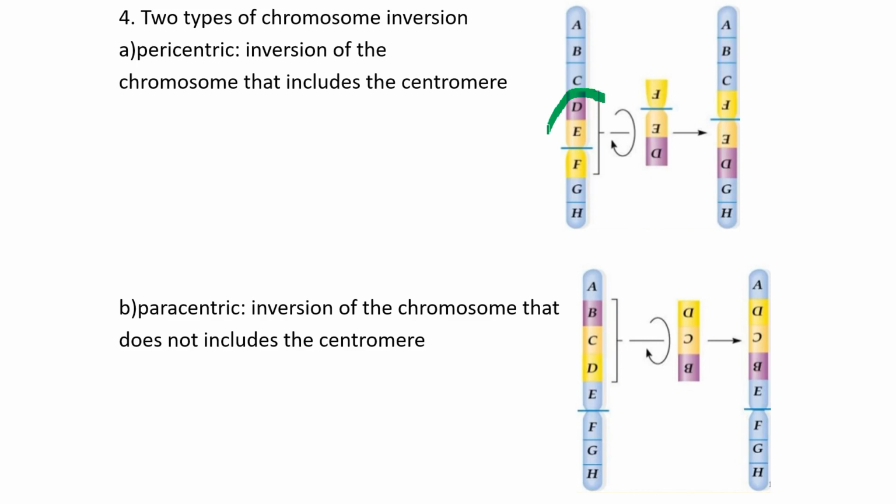So I mean to say, the segment of the chromosome is removed and then reversed, and the segment includes the centromere, as you can see from here, and then it is put back. In paracentric inversion of the chromosome, it does not include the centromere. You can see the centromere is here. It doesn't disturb or include the centromere. Are you clear with that?